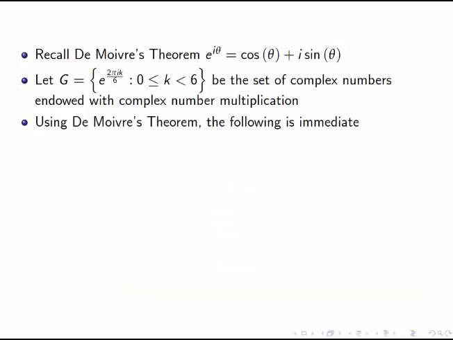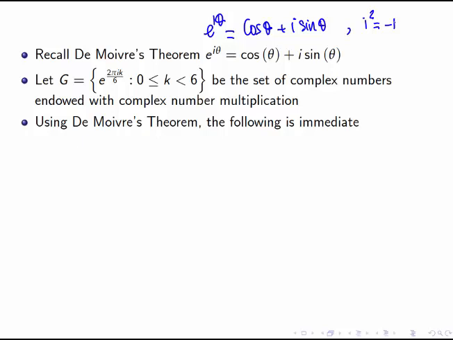All right, so now let us recall De Moivre's theorem, which tells us that e^(i theta) consists of all elements of the type cosine of theta plus i sine of theta, where i is the imaginary unit satisfying i squared equal to -1. So De Moivre's theorem will give us a tool that we can use to come up with very interesting other types of groups.